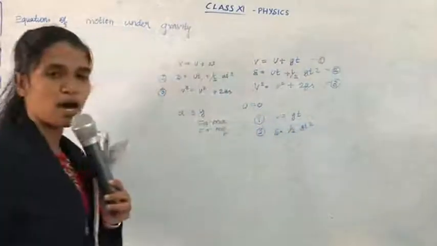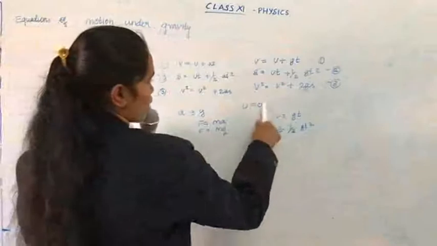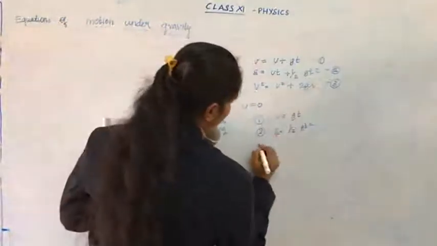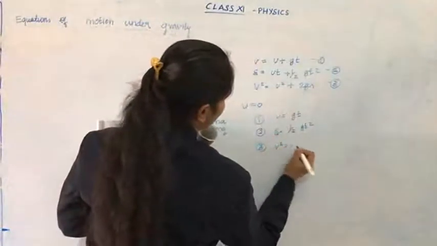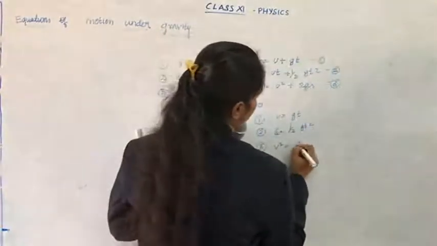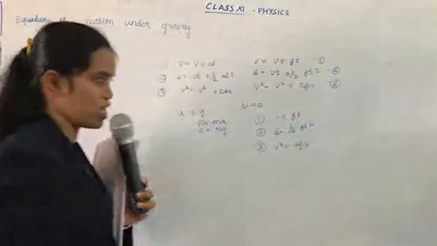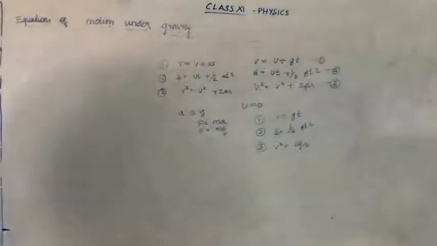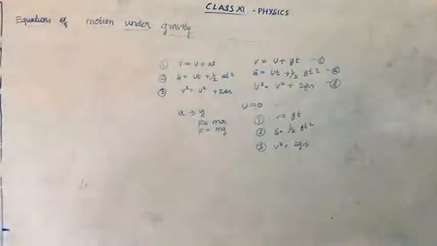Further, apply U equal to 0 in the third: V square equal to 0 plus 2GS, only 2GS. These are the three equations if we apply U equal to 0. Have you understood, children?